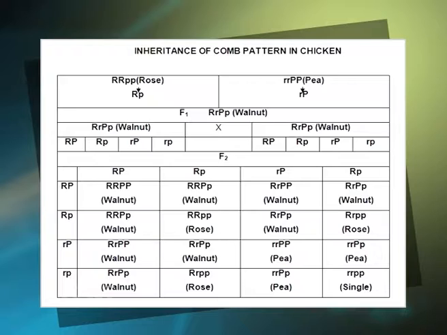When both genes, that is capital R and capital P, are absent, it results in a single comb and has only one possible gene combination, small r, small r, small p, small p.